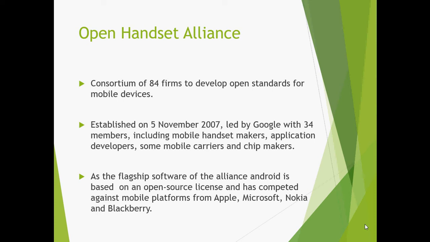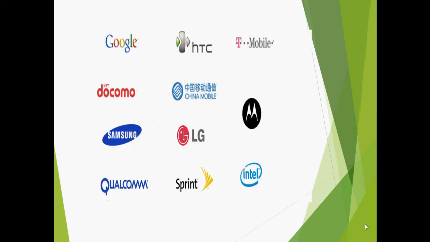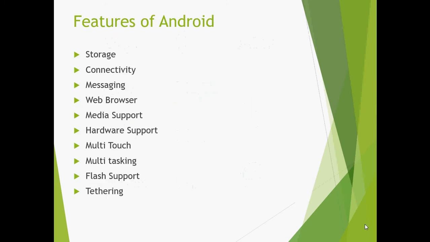The Android platform was basically developed or founded by three people, Andy Rubin, Rich Miner, and Nick Sears in 2003. After that, in August 2005, the Google company acquired Android and took it under its guidance.